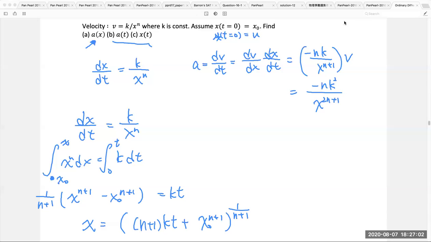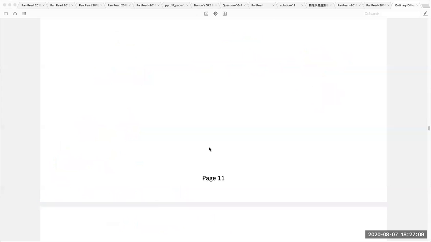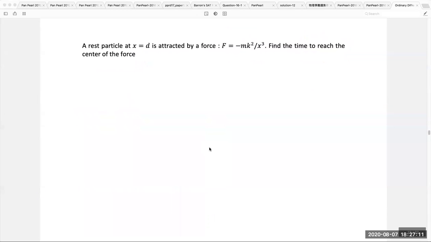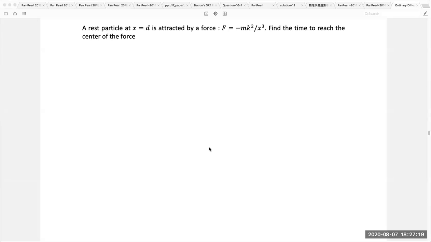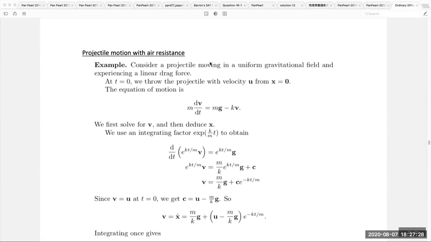Hold on, I can share the screen now and then let's go on. This one, if we want to solve it, you can solve it by yourself at home.